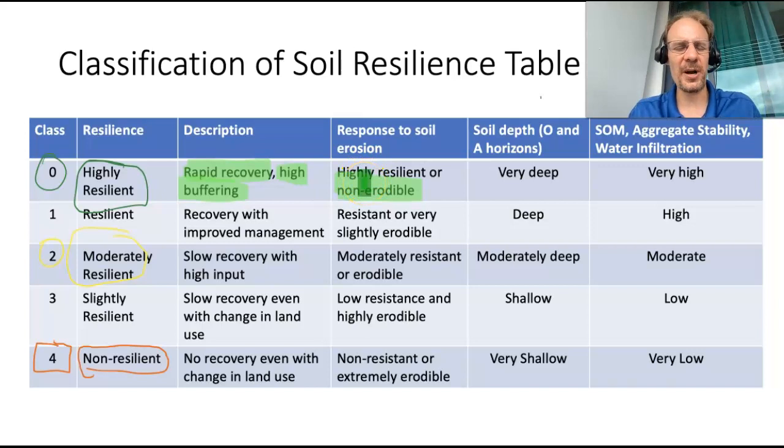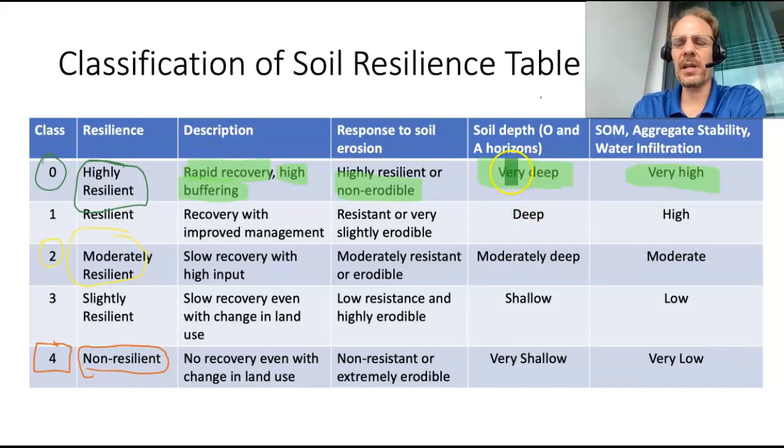They also are normally fertile, healthy soils that produce plenty of biomass that helps cover and protect the soil surface, and roots that bind soil particles together. As would be expected, they're going to be very deep soils, and they're going to have very high organic matter, aggregate stability, and water infiltration.